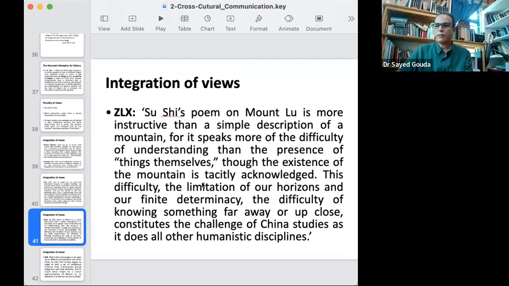Though the existence of the mountain is tacitly acknowledged, this difficulty, the limitation of our horizons and our finite determinacy, the difficulty of knowing something far away or up close, constitutes the challenge of China studies as it does all other humanistic disciplines.